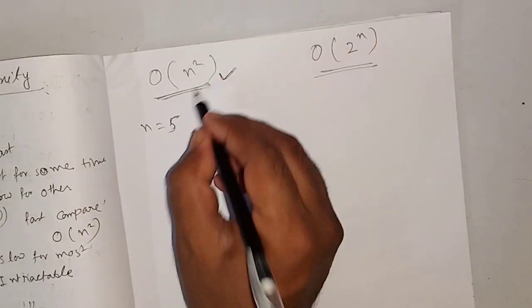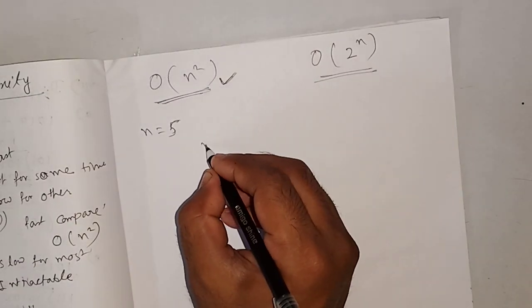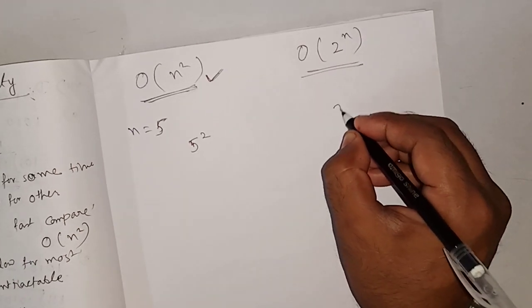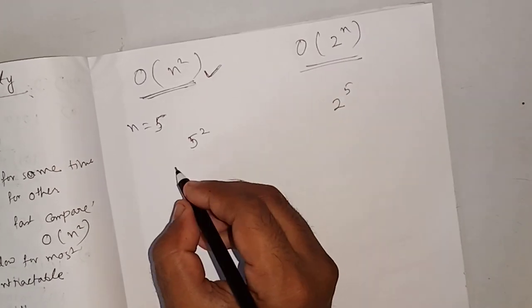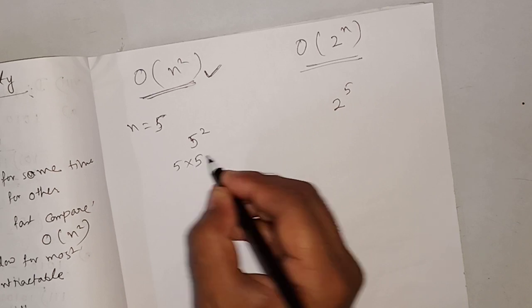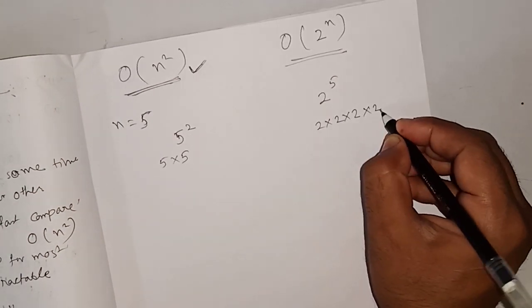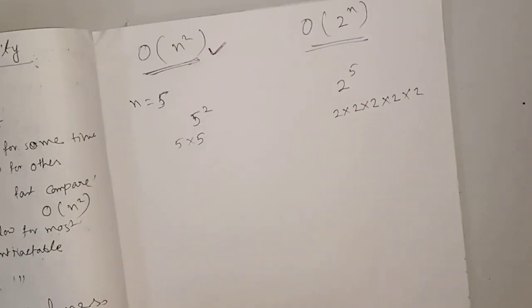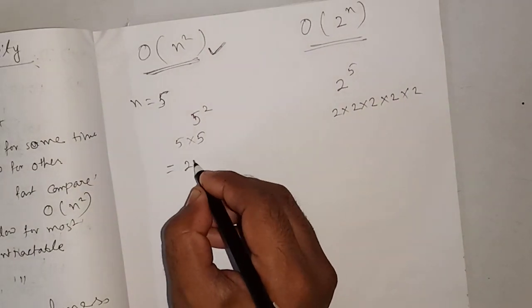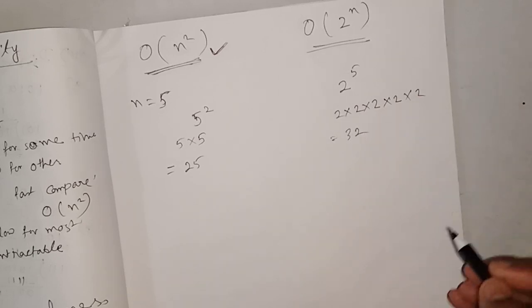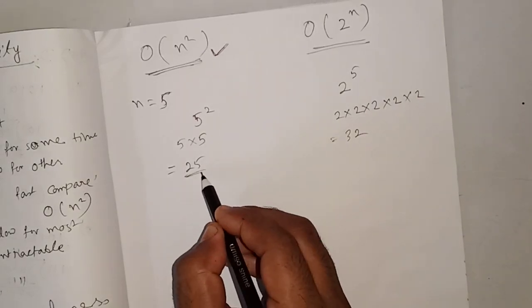Then this one means 5 to the power 2, and this one means 2 to the power 5. So this one means 5 into 5, and this one means 2 into 2 into 2 into 2 into 2. If I calculate, this one is 25 and this one is 32. So obviously this is the faster.